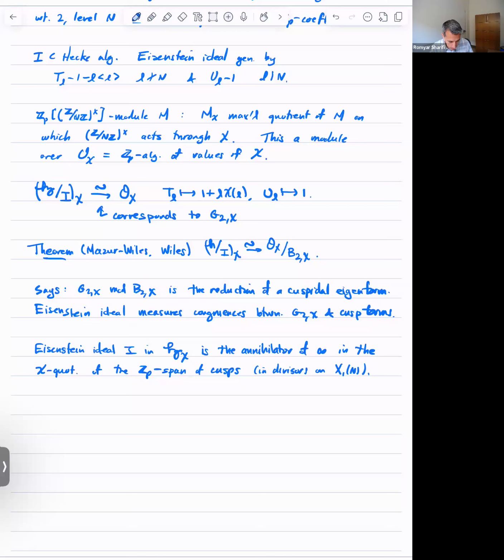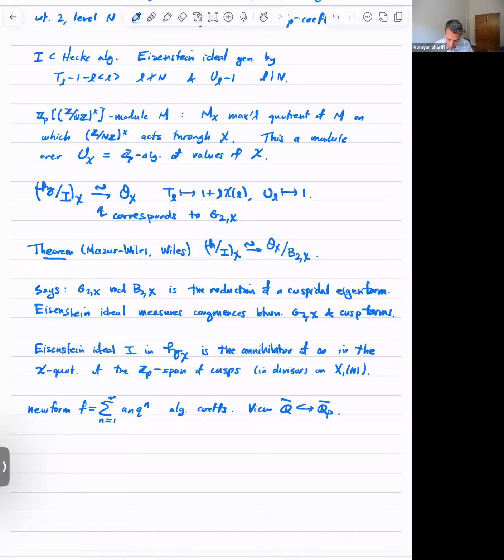So this is an idea that dates back to Ribet. So if I have a newform, say its q-expansion is this, so it's a cusp form. This has algebraic coefficients, so we can think of them in Q-bar, by some p-adic embedding, as being in Q_p-bar.